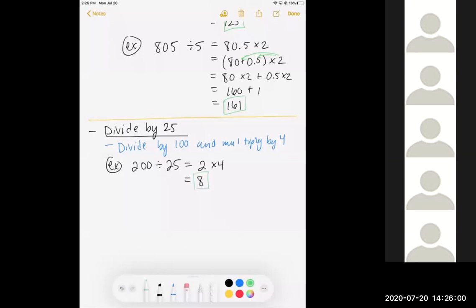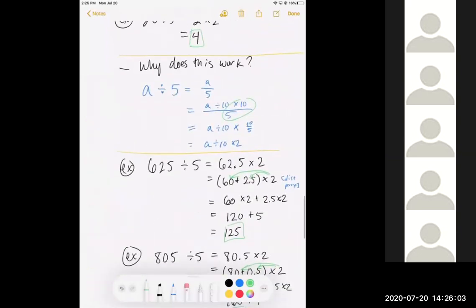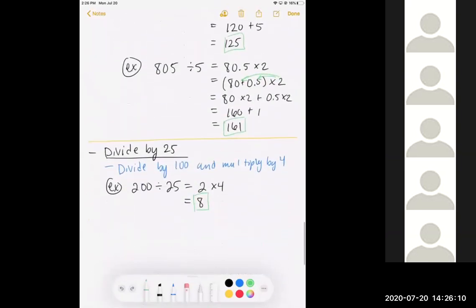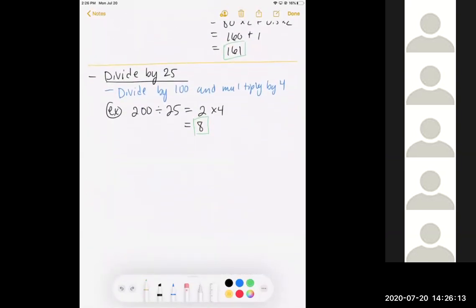All right. Now, what we did above here was we did a little bit of a proof. Why does this one work? Similar to that one. Okay, why does that one work?